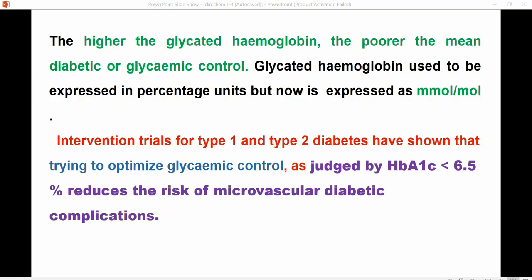Also, glycated hemoglobin HbA1c, in addition to its expression by percentage, is now also expressed in the SI unit, as millimole per mole of hemoglobin.